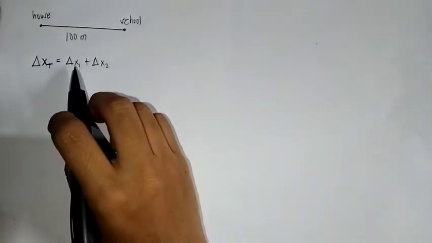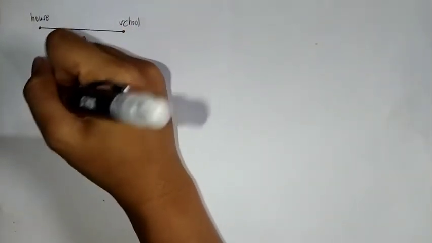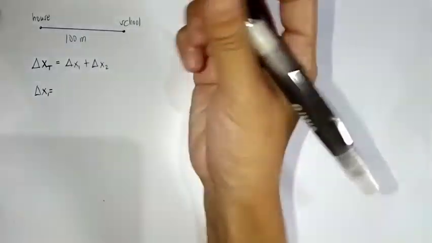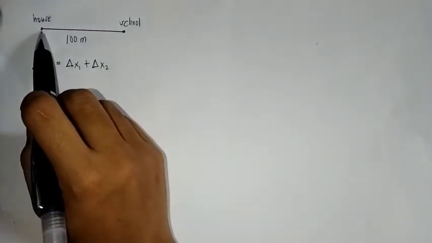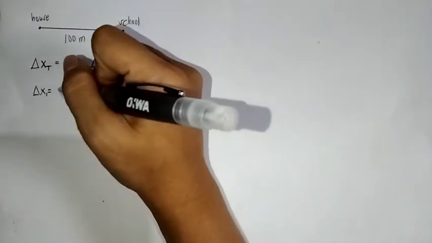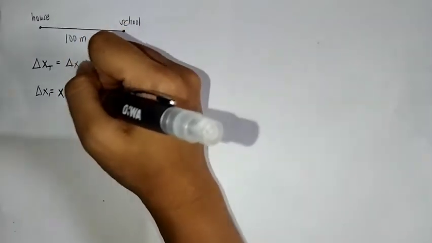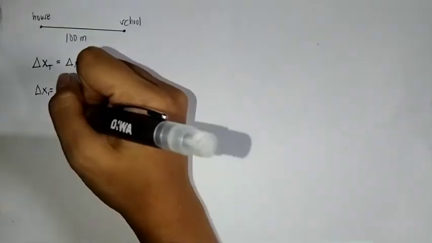Okay, so we will solve first for delta x sub 1. Delta x sub 1 is the distance, or the displacement rather, from the house going to the school. That is final position minus the initial position.